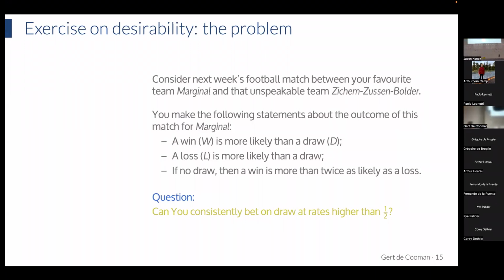Sorry, you have to speak louder. The payoff on the left-hand side, this one is undesirable, right? Yeah, but I'm going to assume it's desirable. How did you get to that? So the idea is that suppose this is betting on draw at a rate 1/2.